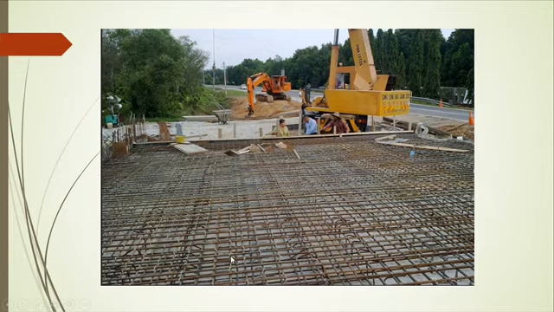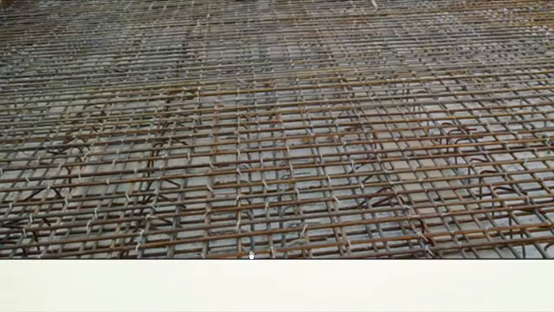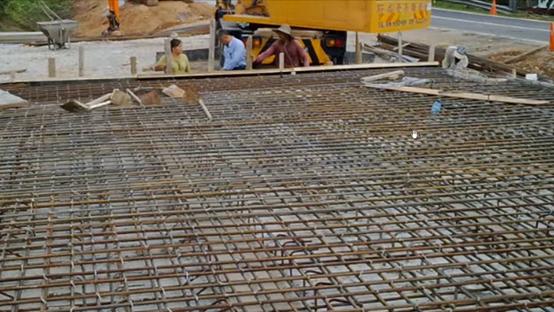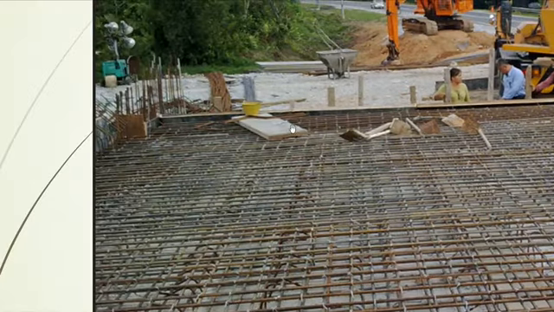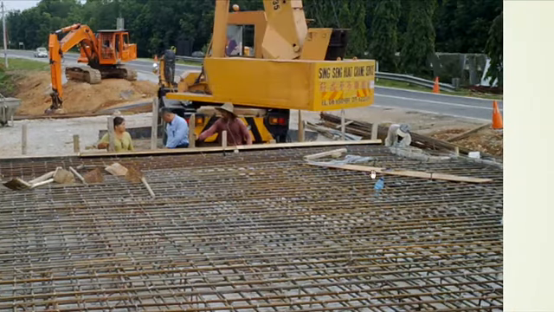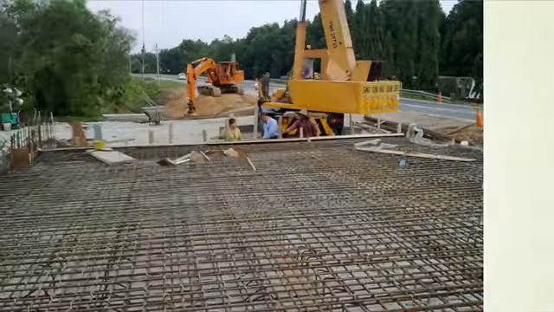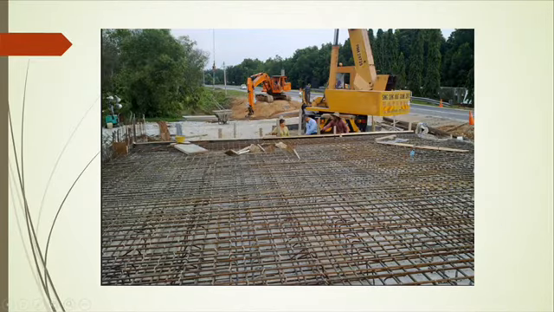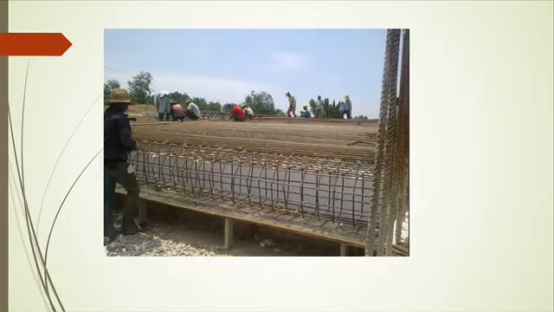As you can see there, each and every intersection of steel is tied up, almost all of it. This work requires a lot of manpower and a lot of kilograms of wire to tie up, and a long duration as opposed to the BRC. So BRC saves time and saves material, but depends on the factory that produces it.